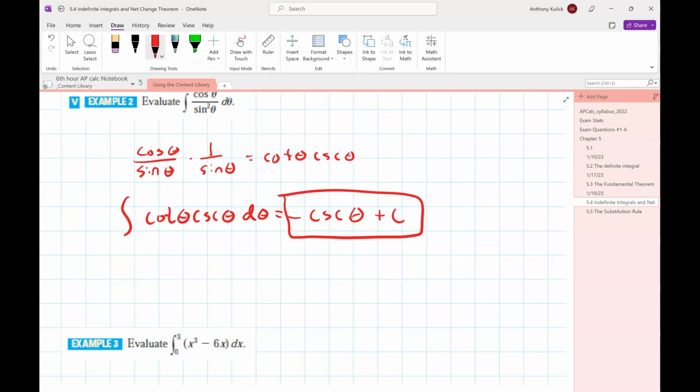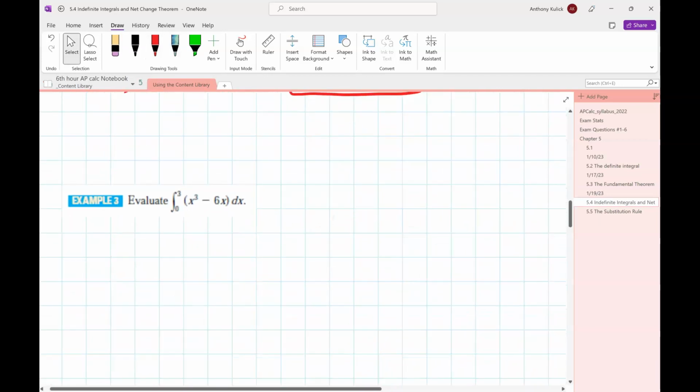Feel okay there? If I look at example 3, what's different here? It's a definite integral this time, right?